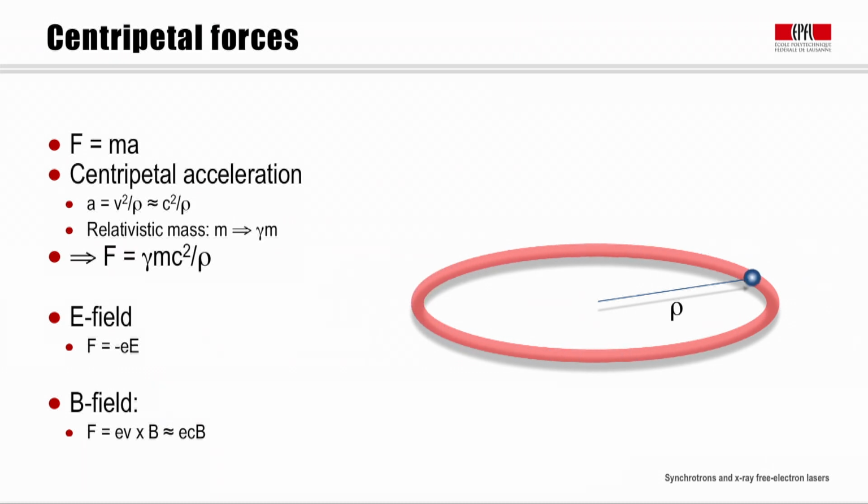Two at first obvious candidates come to mind for imparting the centripetal force: an electric field, such as also used in old-fashioned cathode ray tubes in TVs dating back to the end of the 20th century, or magnetic fields, such as used for electric motors or loudspeakers.